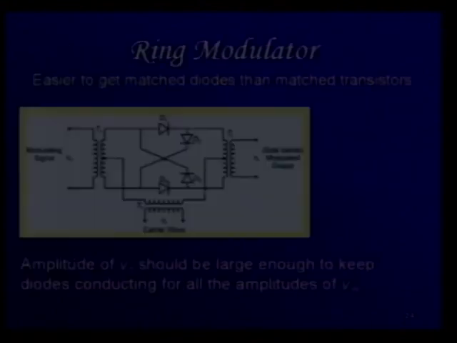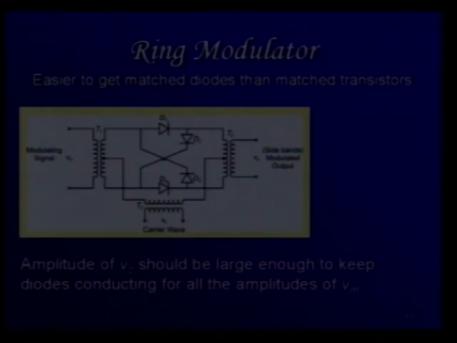We go now to a very similar but simpler circuit. In this particular case, it is again a modulator, called a ring modulator, and we are using diodes here. Now, if you remember in our balanced modulator earlier, we needed Q1 and Q2, which were a matched pair of transistors, and it is very difficult to get transistors with exactly matching characteristics.